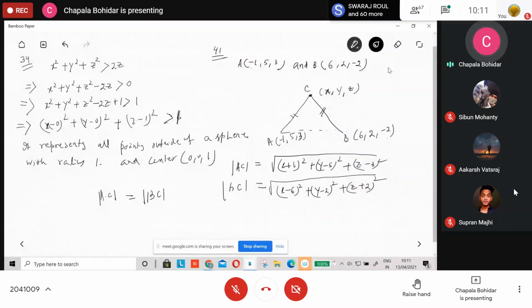So now remove that root. I am writing here the square. So it is x plus 1 whole square plus y minus 5 whole square plus z minus 3 whole square is equal to x minus 6 whole square plus y minus 2 whole square plus z plus 2 whole square.